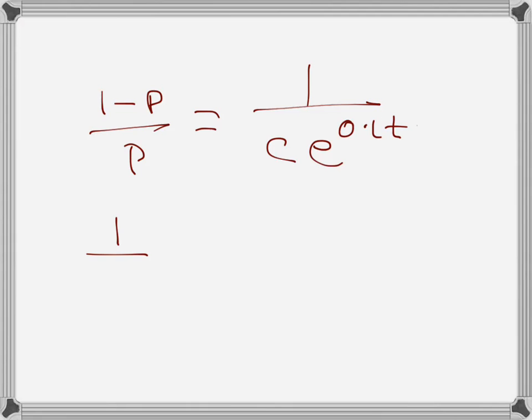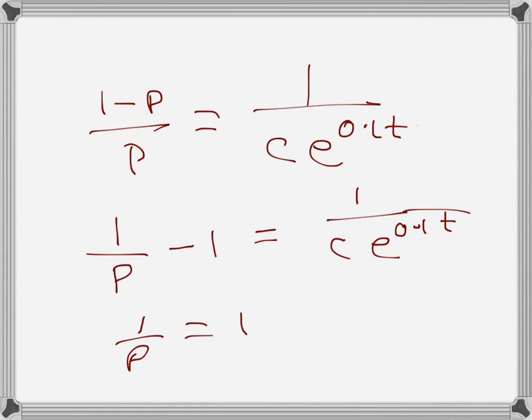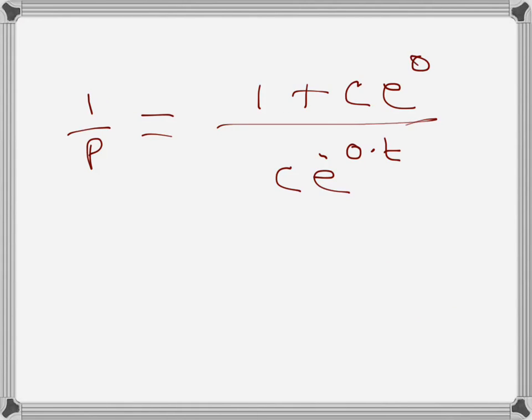Now if we divide this, it becomes 1 over P minus 1 is equal to 1 over c e to the power 0.1 t. Now if we take that 1 on the other side, it becomes 1 plus c e to the power 0.1 t over c e to the power 0.1 t.